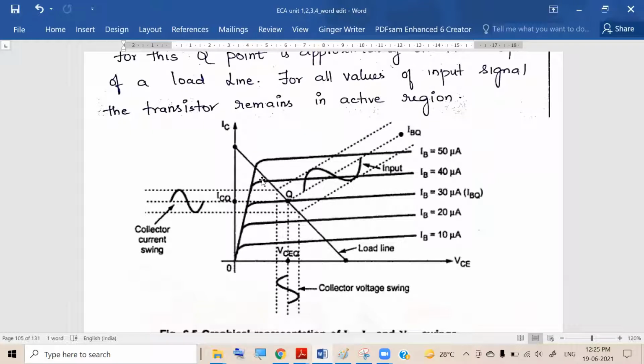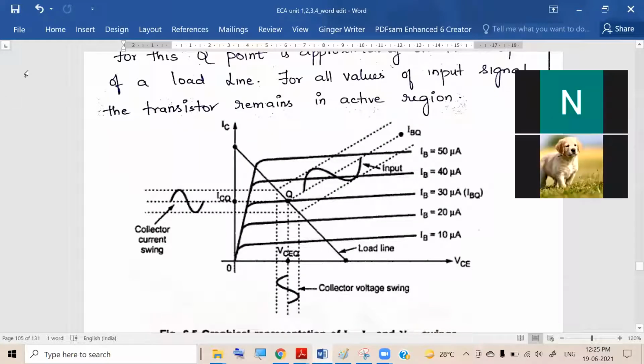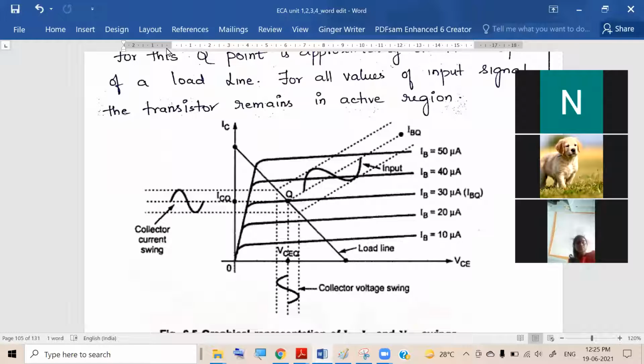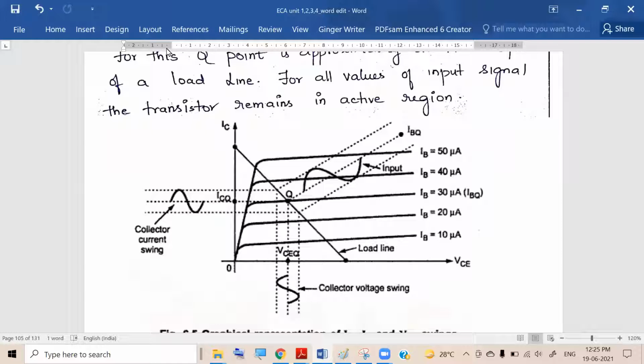In such a case, it is wise that we operate the transistor in the center of its active region, or the center of its characteristic, which also happens to be the center of the load line.